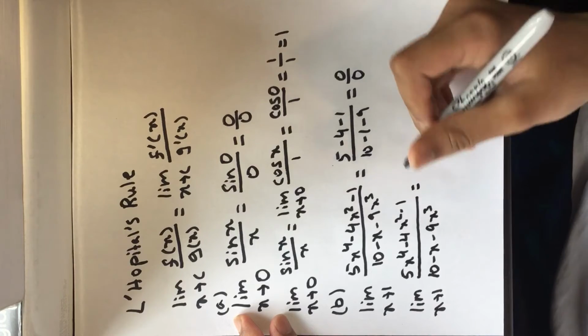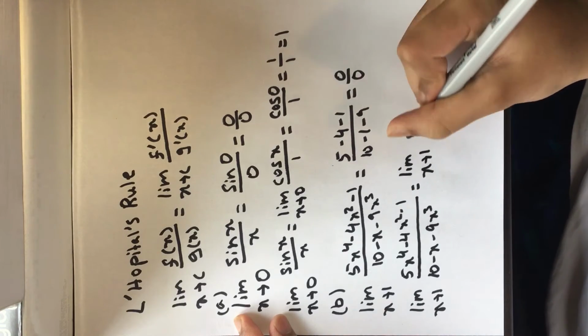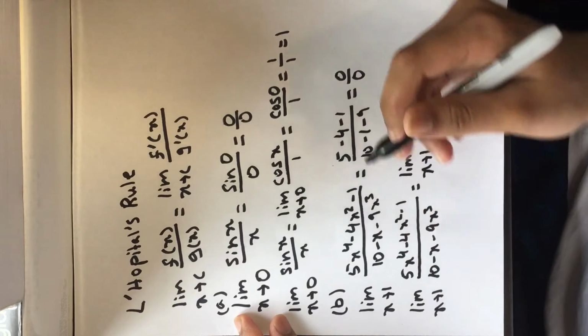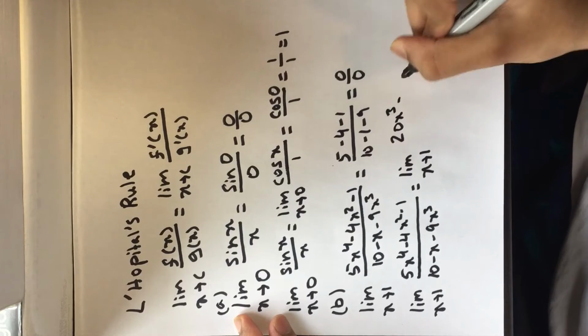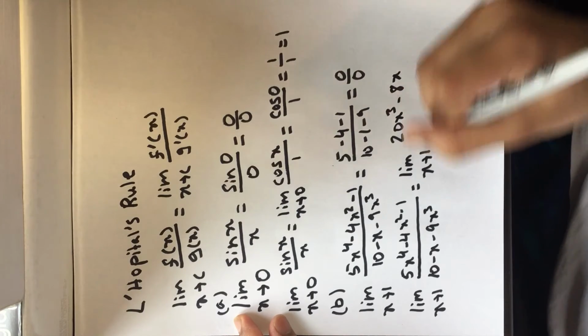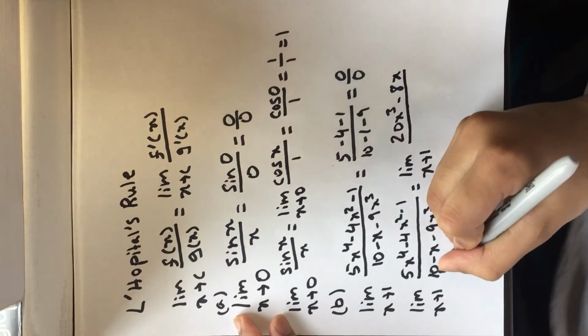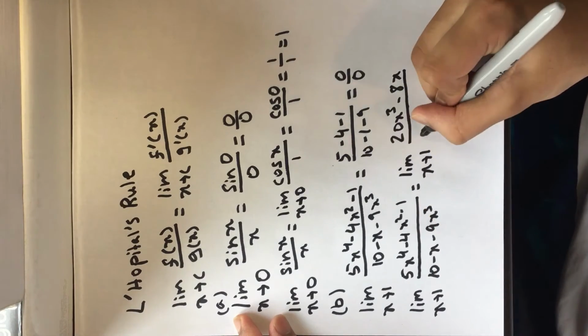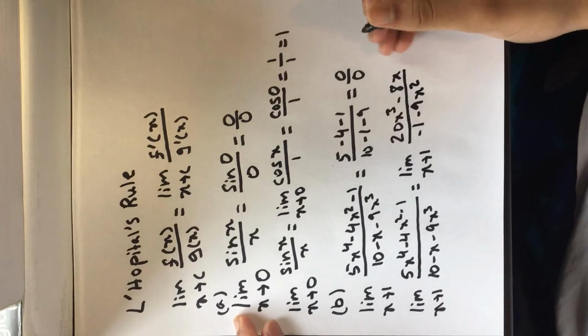So, find the derivative. The limit as x goes to 1 is equal to 20x cubed minus 8x, and since 1 is a constant, it would be minus 0. And again, the constant, so that would be minus 1 minus 9x squared.